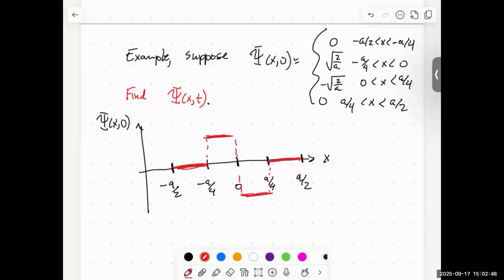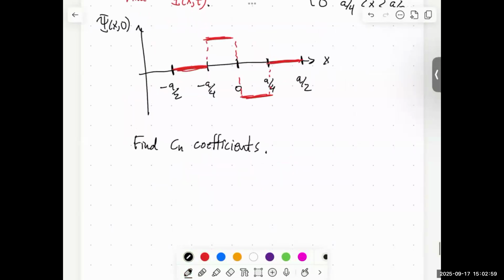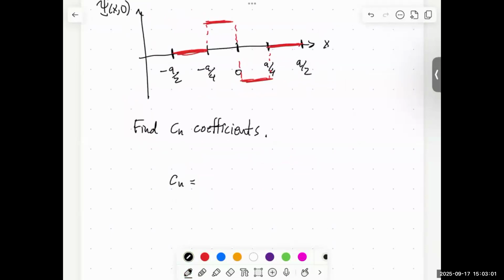Okay, so let's find the Cn coefficients. We said Cn is going to be psi n star of x times our initial wave function, and we're going to have to integrate from minus a by 2 to a by 2.